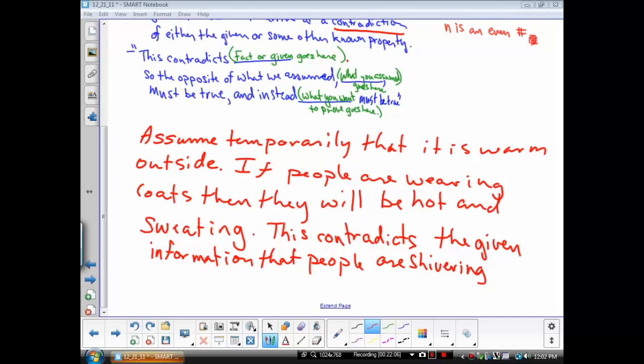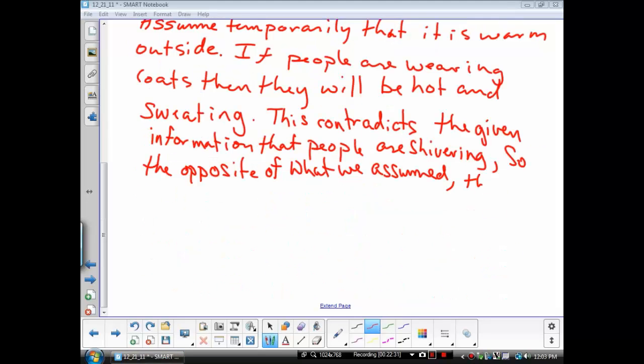Now we go to the next piece: so the opposite of what we assumed, that it is warm outside, must be true.